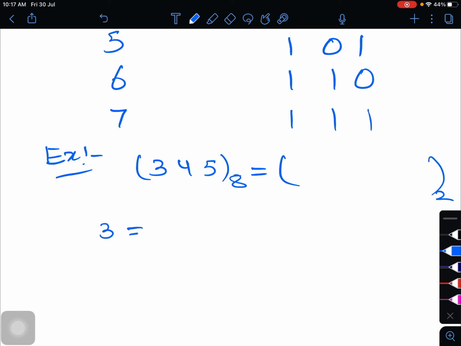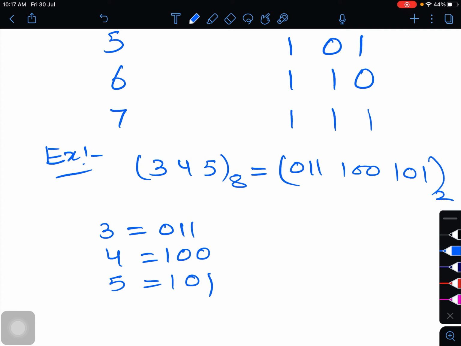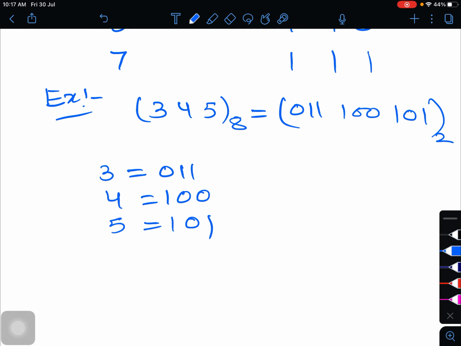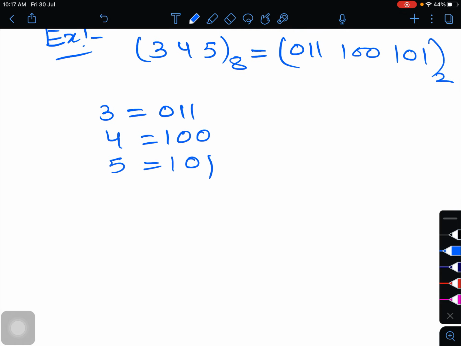For 3 we will write 0 1 1, for 4 we will write 1 0 0, and for 5 1 0 1. So just write these binary values. In this way we can convert the octal number system to binary number system.